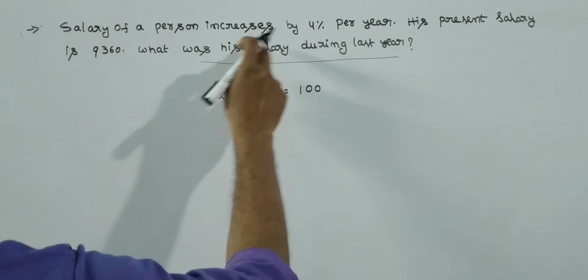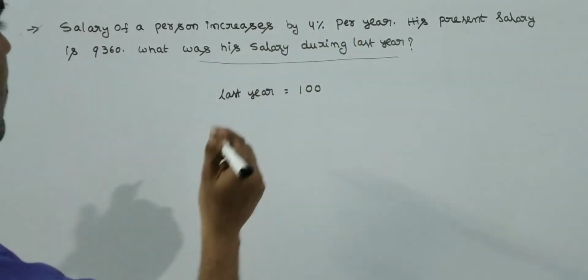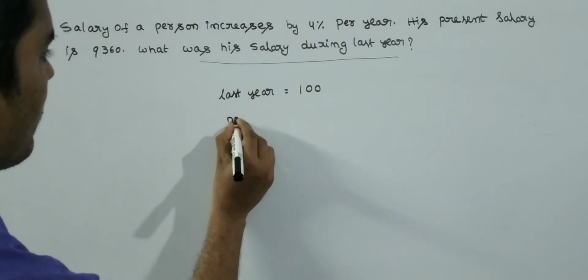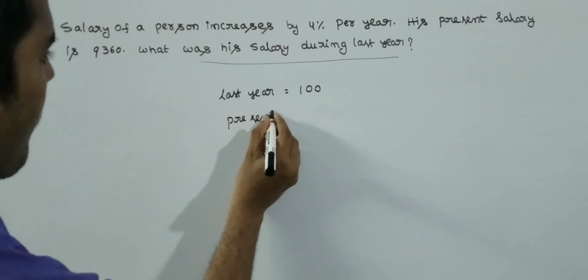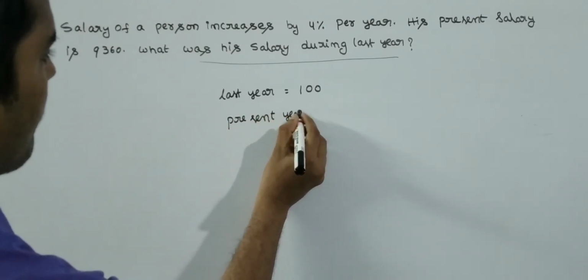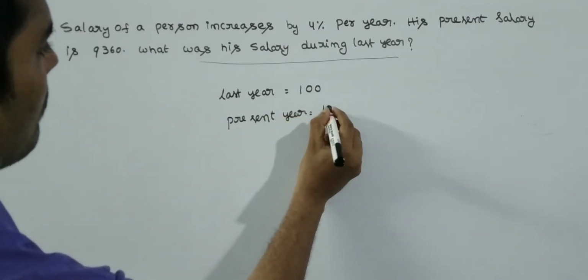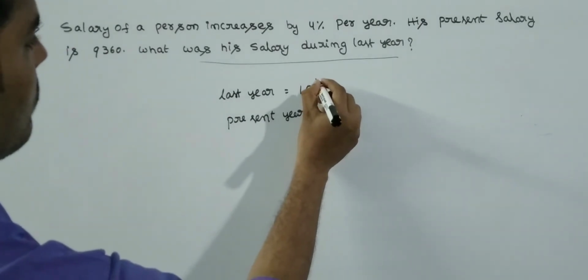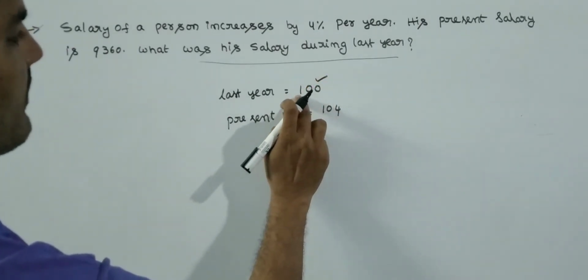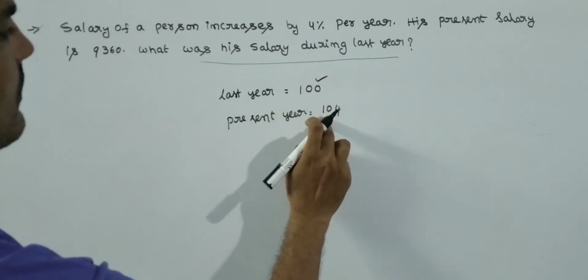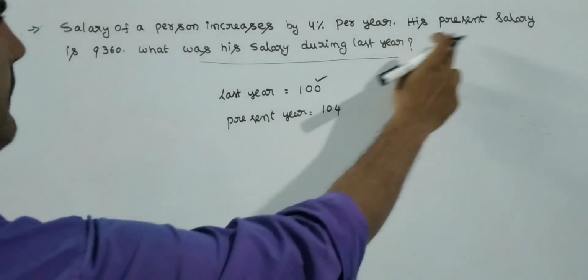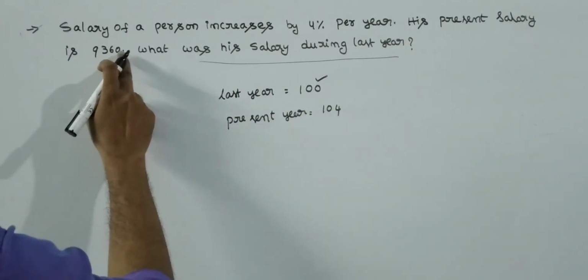Then every year it is increasing 4%. That means the present year salary is how much? 104. 4% increase. What is 4 percent of 100? 4. So 104. The present salary is 9,360.